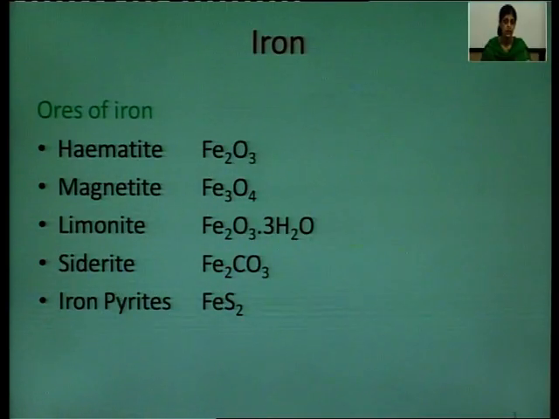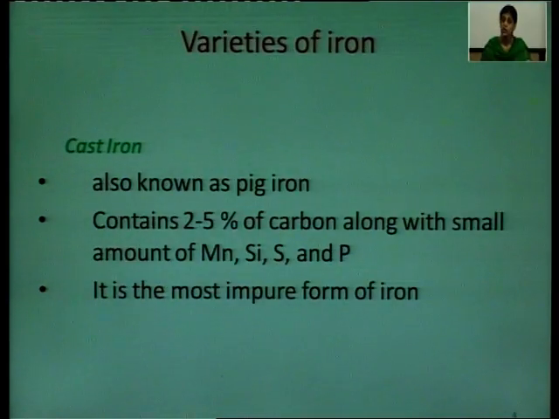Now, the next thing is what are the varieties of iron that we obtain. After the extraction of iron from ore, we have various varieties of iron. The first type of iron is cast iron. This iron is also known as pig iron, and it contains large amount of carbon.